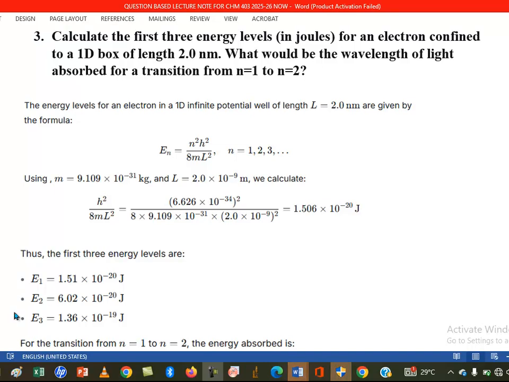Okay, so let me see your calculation, how you got it. Then for the third one, remember n is 3 now, so it's going to be 9h squared over 8 m L squared. That should give you 1 point. So that is actually 13.55 times 10 raised to the power minus 20, which has been approximated to this.